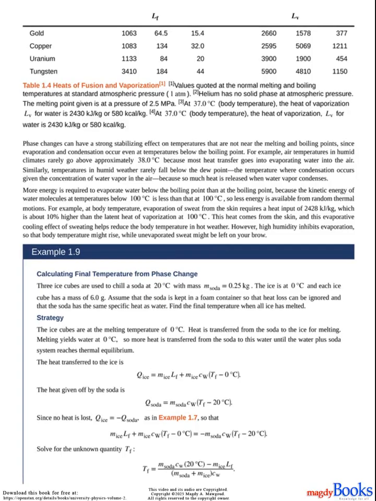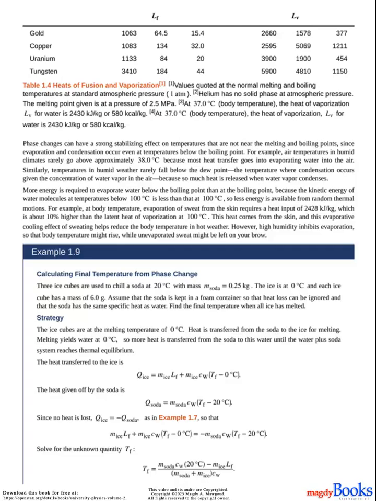Gold. Melting point, 1063 degrees Celsius. 64.5 kilojoules per kilogram, or 15.4 kilocalorie per kilogram. Boiling point, 2660 degrees Celsius. 1578 kilojoules per kilogram, or 377 kilocalorie per kilogram.